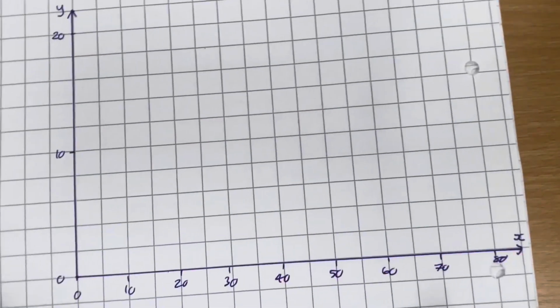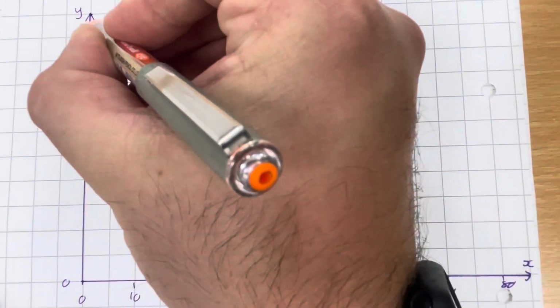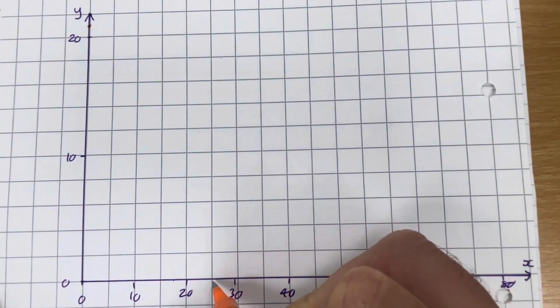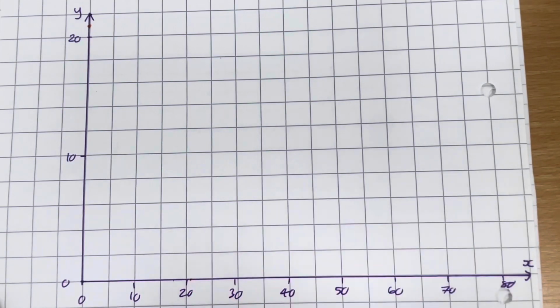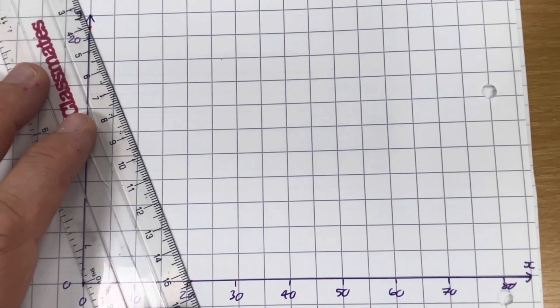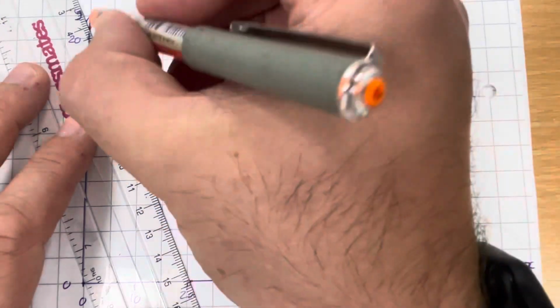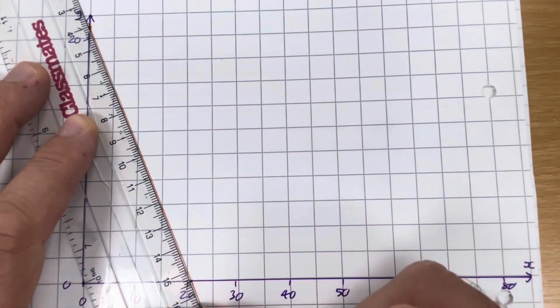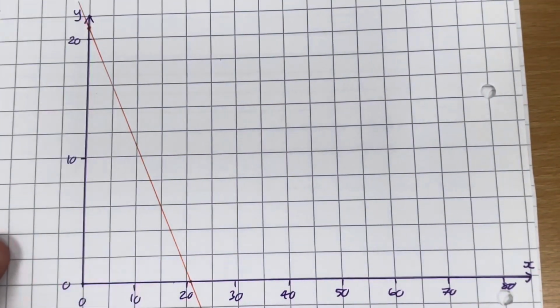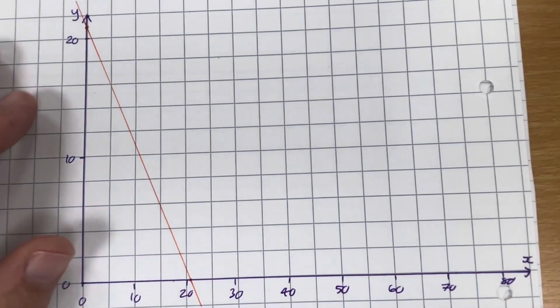So 21 is that point there on the y-axis, and 21, well, that's 25, so it's going to be about there. Okay. Doesn't need to be 100% accurate because we will be using algebra to solve any intersections, but you do need to get fairly accurate to get the full credit for this one.